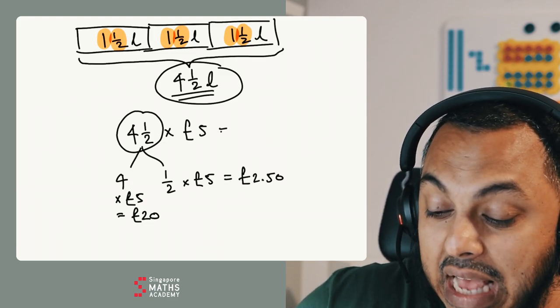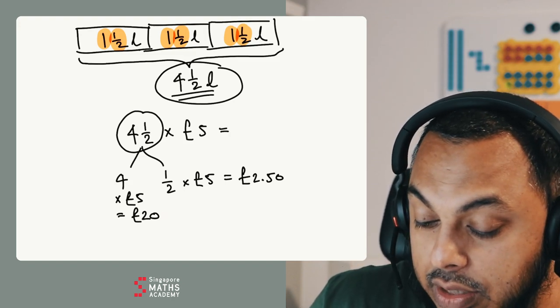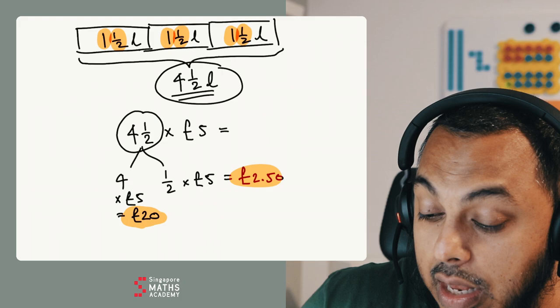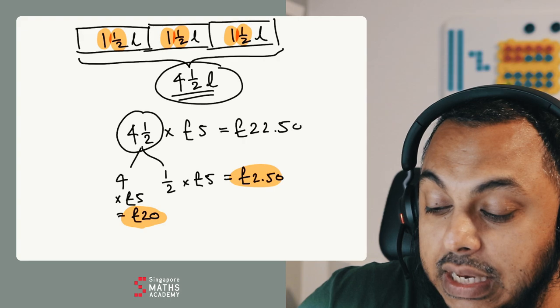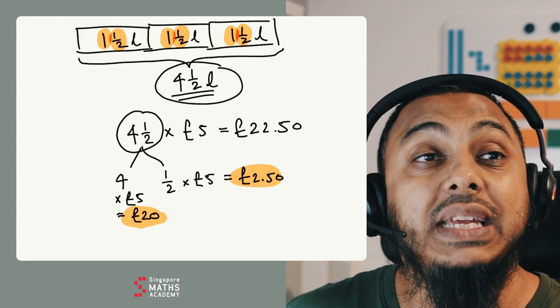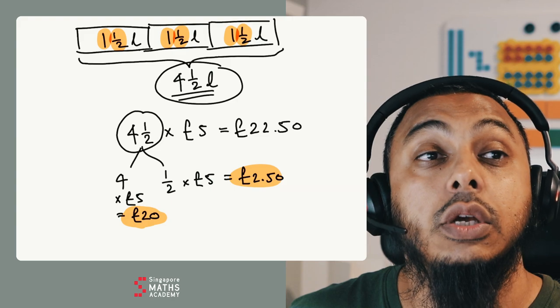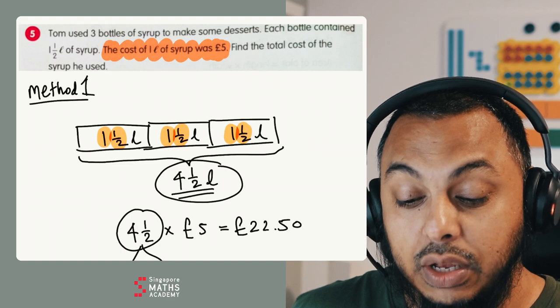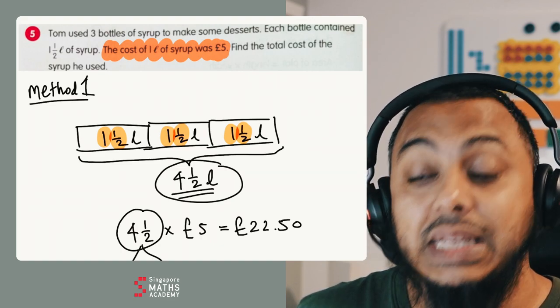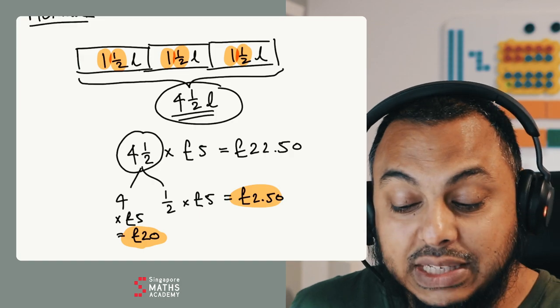And so altogether, 4.5 times £5 must be £22.50, right? £22.50 is the total cost of those 3 bottles of syrup, which costs £5 per litre. That's one way. Look what I did, guys.